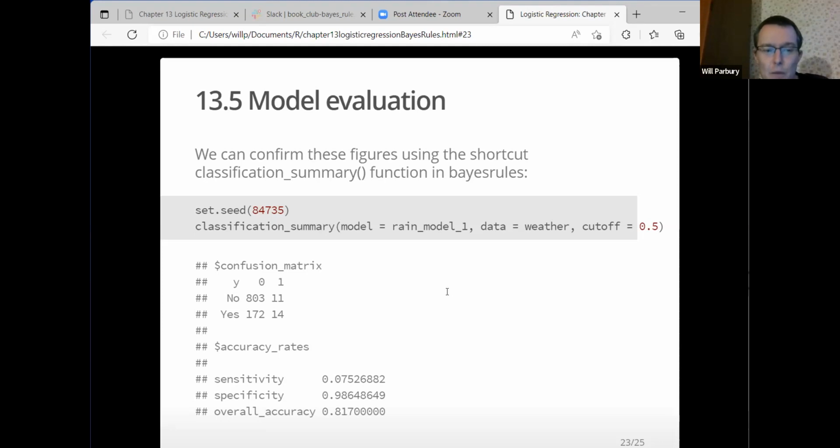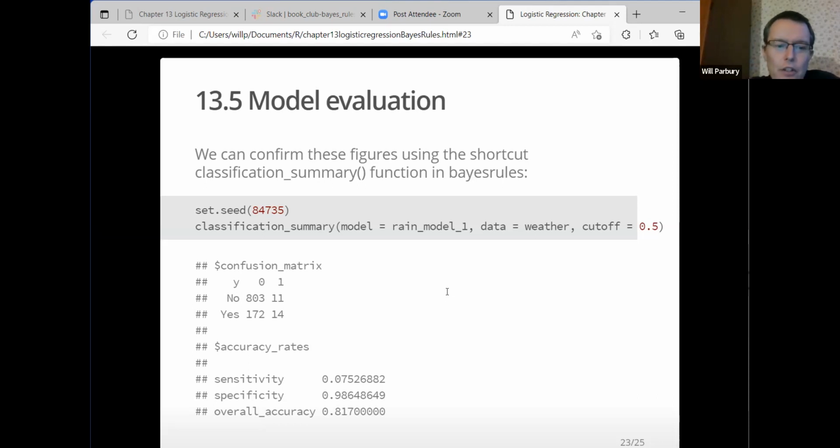So the sensitivity, this is where it's picking up whether it's going to rain, because it predicted that it would rain. It was only accurate 7.5% of the time. And the specificity is the 98.6%. So it's really good at predicting when it won't rain, and it then adds them together to give the overall accuracy.